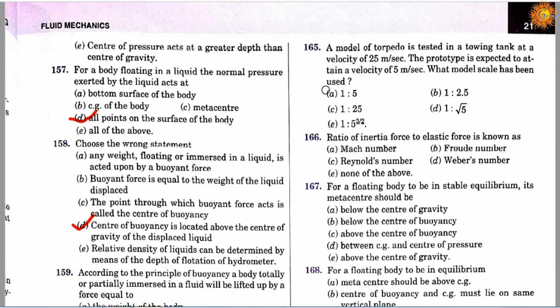Question number 165. A model of a prototype is tested in a towing tank at a velocity of 25 meters per second. The prototype is expected to attain a velocity of 5 meters per second. What model scale has been used?